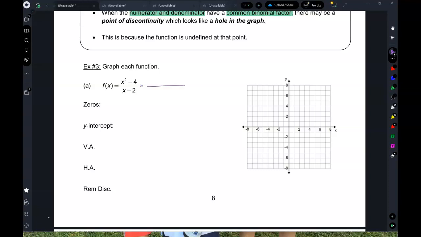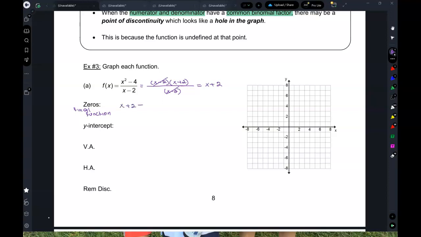So here, the x squared minus 4 becomes x minus 2, x plus 2, over x minus 2. What happens now? It just becomes x plus 2. So let's go to the zeros now. For the zeros, you have to look at the final function. If there is a numerator, you set it equal to 0.